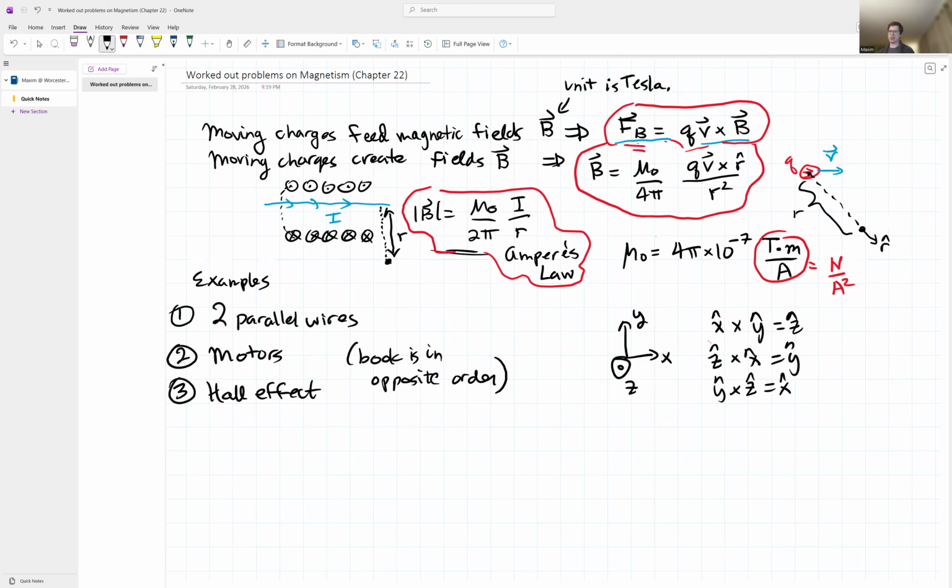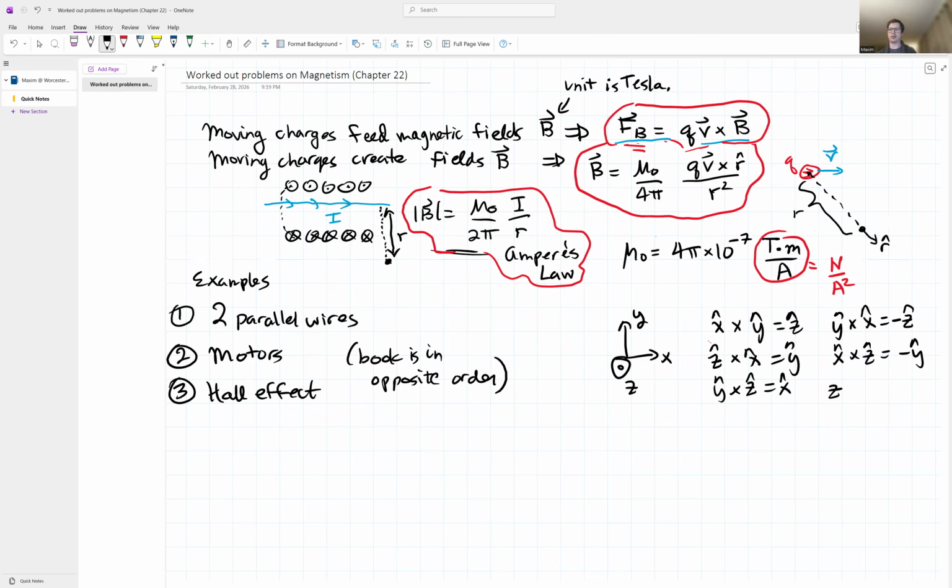And then if they show up in any other combinations, they'll just be the reverse of these. And when you reverse anything in a cross product, you take it in the opposite order, it just picks up a minus sign. So if you have y hat cross x hat, that's minus z hat. And if you have x hat cross z hat, that's minus y hat.